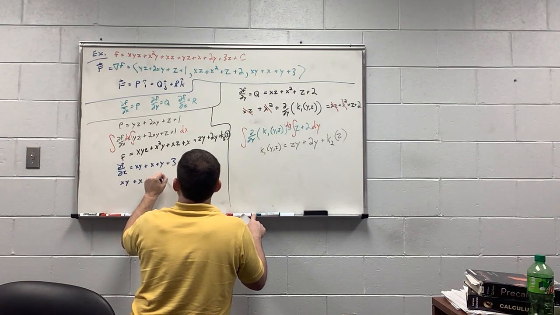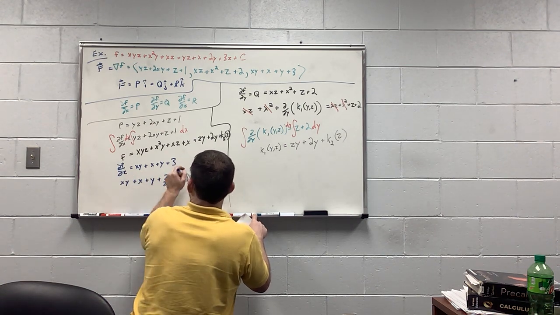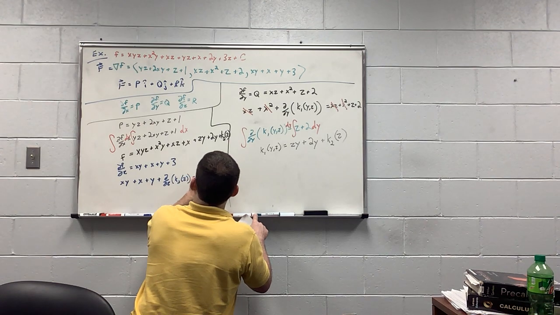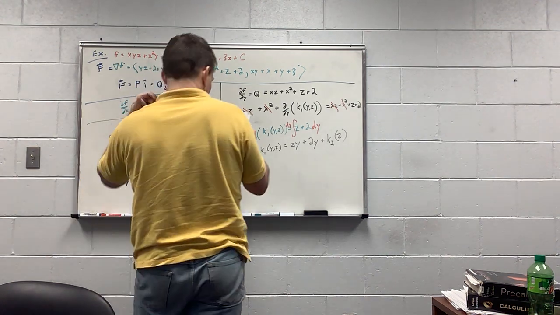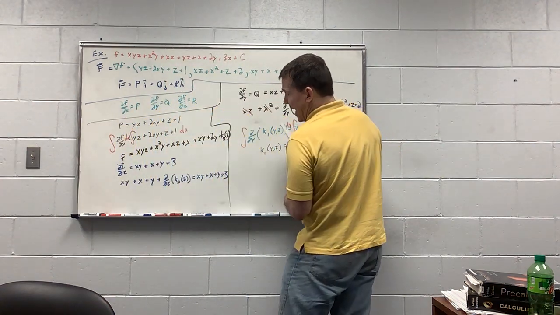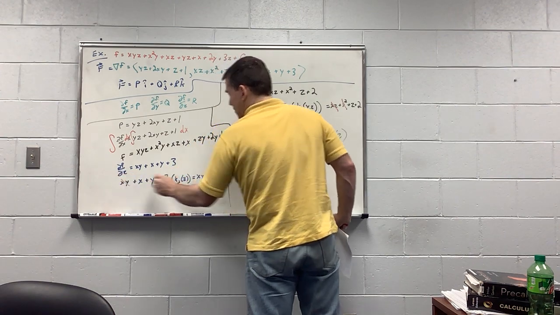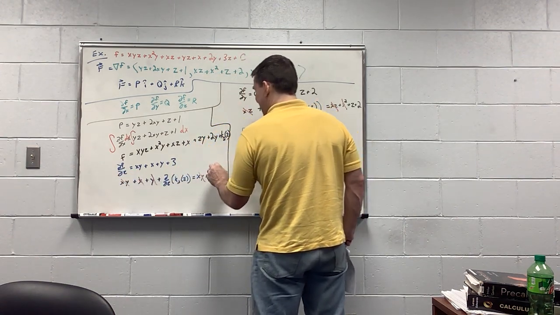Then it'll be the partial with respect to z of k sub 2z equals this right here. xy plus x plus y plus 3. And again, I equate them, so xy cancels xy, x cancels x, y cancels y.